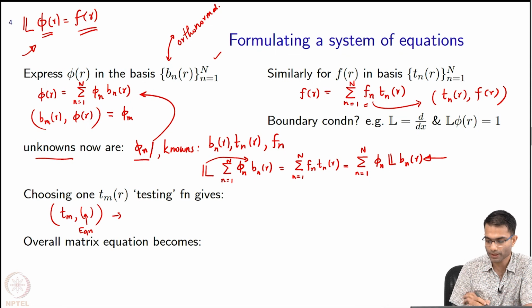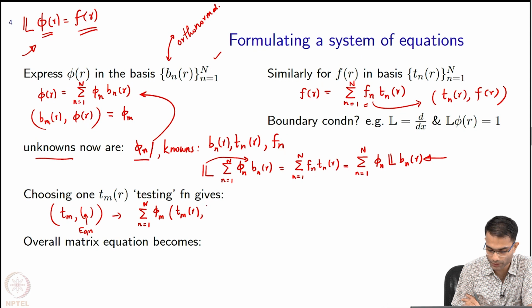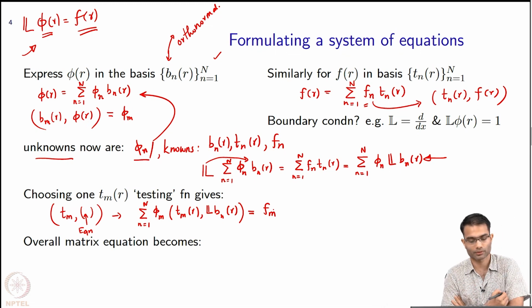The first term will become, the summation will remain, n equal to 1 to n, phi n, t m of r inner product with L b n of r, is equal to, now the right hand side comes in, what will survive from here? Only one term, because the t's are orthonormal in fact.